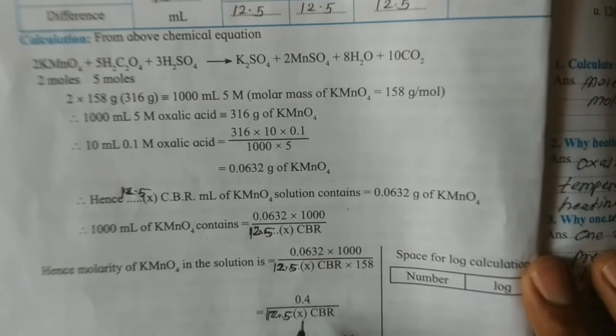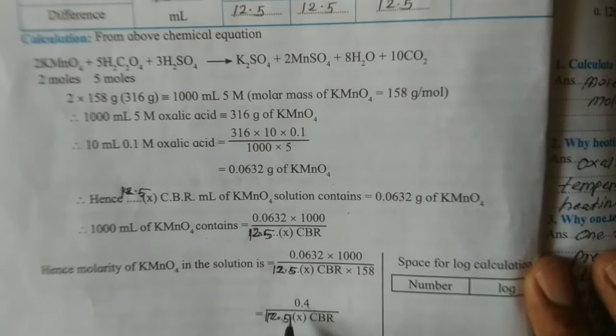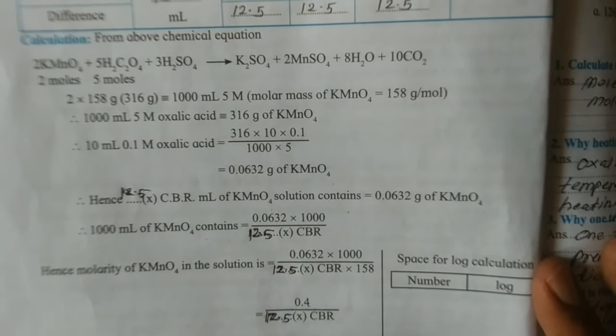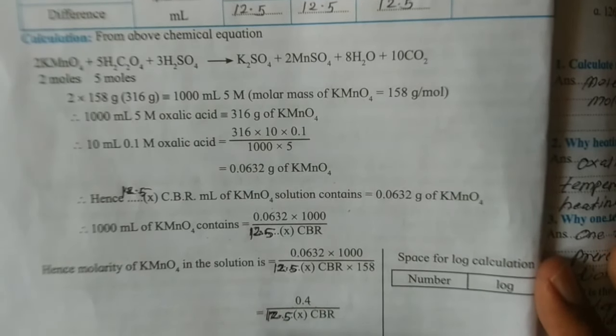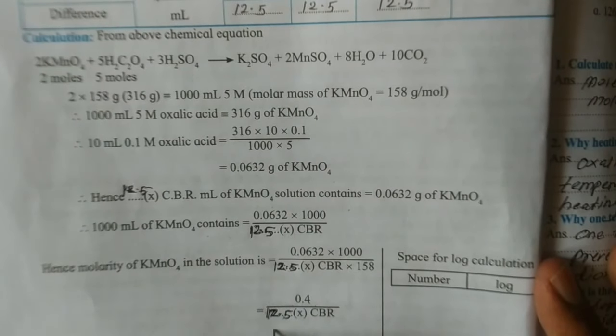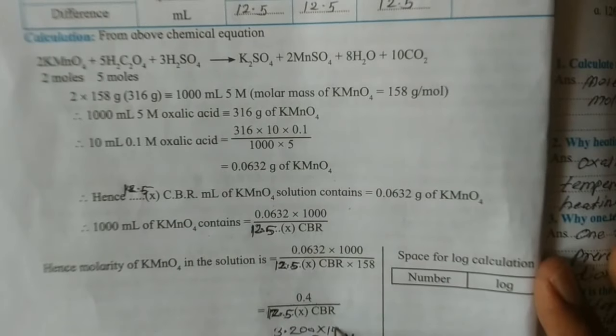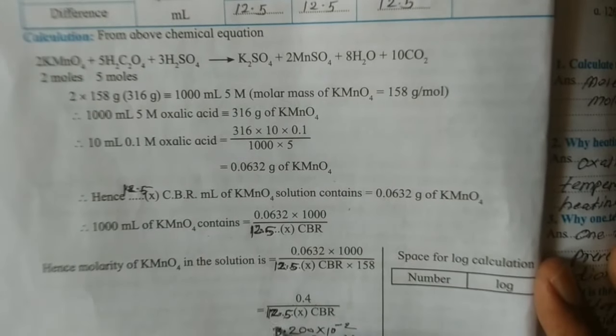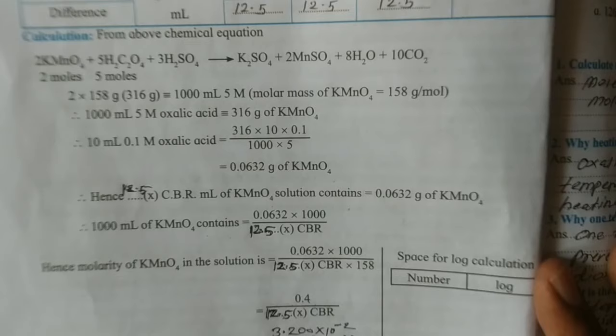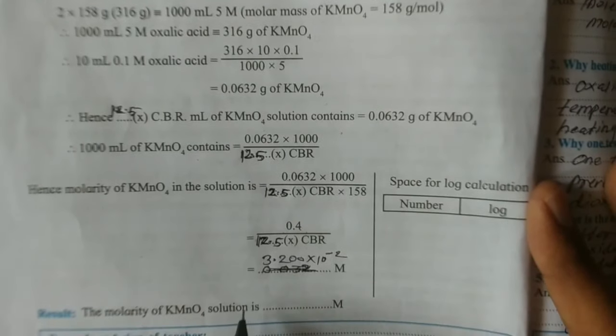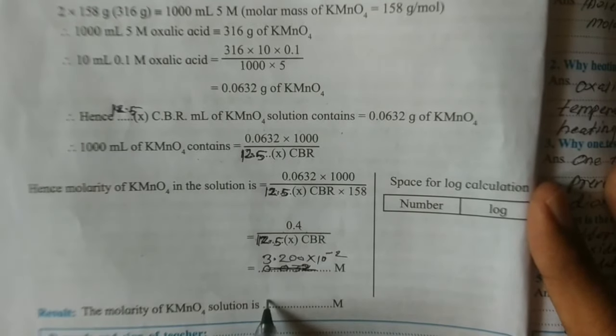Take the log on both sides: log of 0.4 subtract the log of 12.5, and then take the antilog. We get the value 3.022 multiplied by 10 raised to minus 2. You can write the molarity of the KMnO4 solution is 0.032.